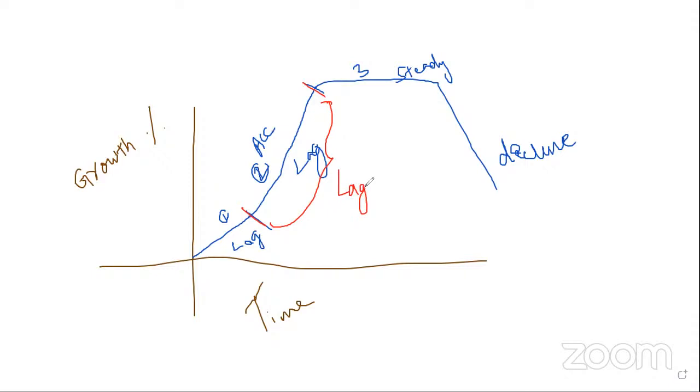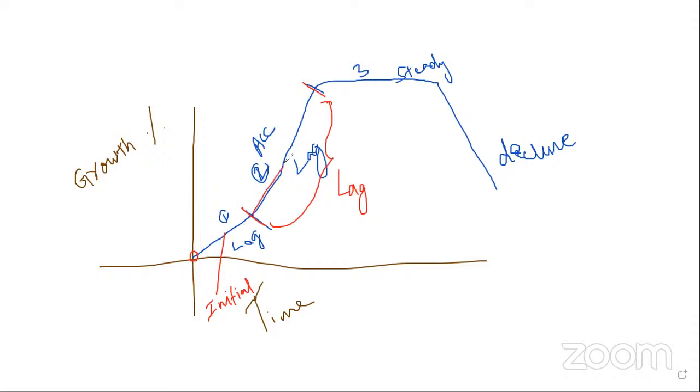Here in this category, what happened? In the initial stage the growth is almost 0, and gradually increases. This lag stage is called the initial stage. Here there is no growth started for one day.